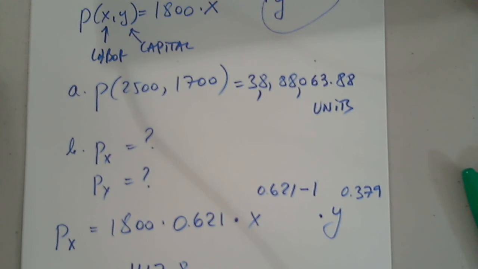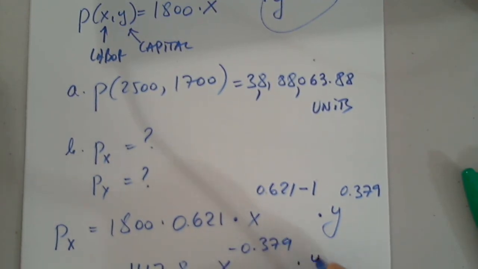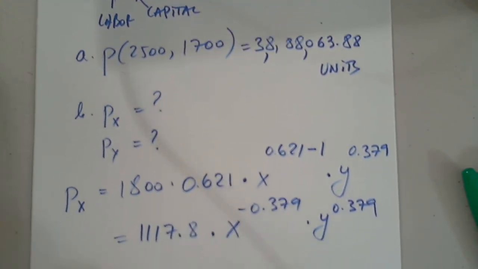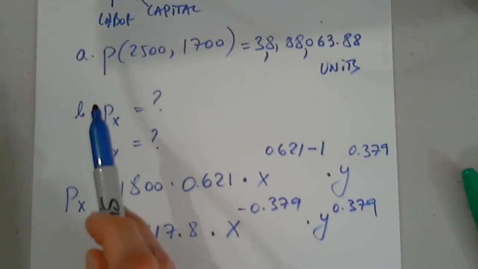And 0.621 minus 1 is negative 0.379, nice. So Px is 1117.8 times X to the negative 0.379 times Y to the 0.379. This is the marginal productivity for labor.